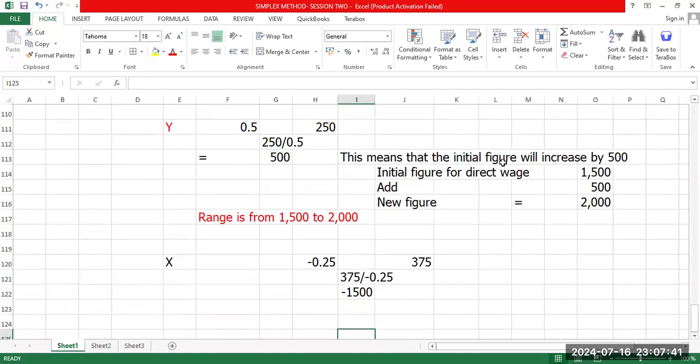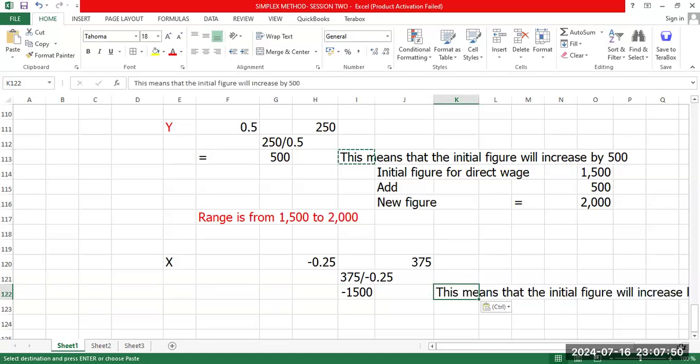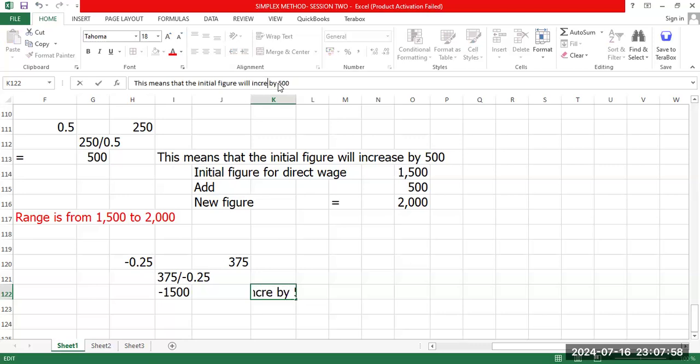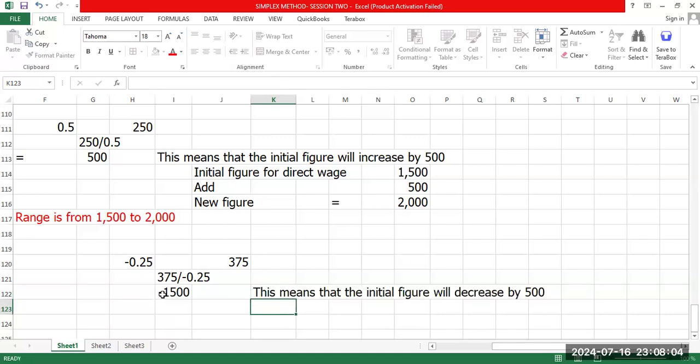Now this means that the initial figure will do what? Will it increase or will it decrease? It will decrease. It will decrease by this figure.